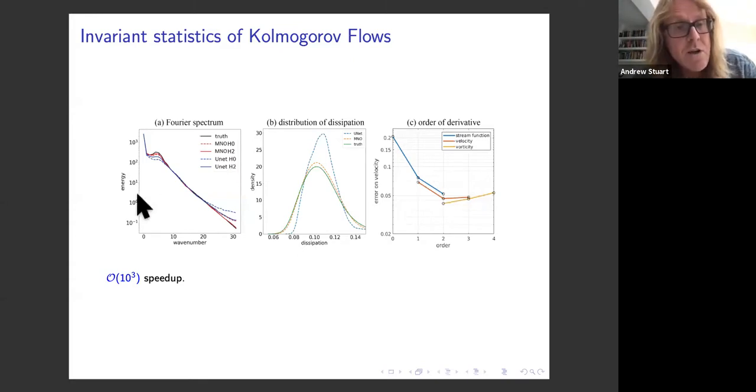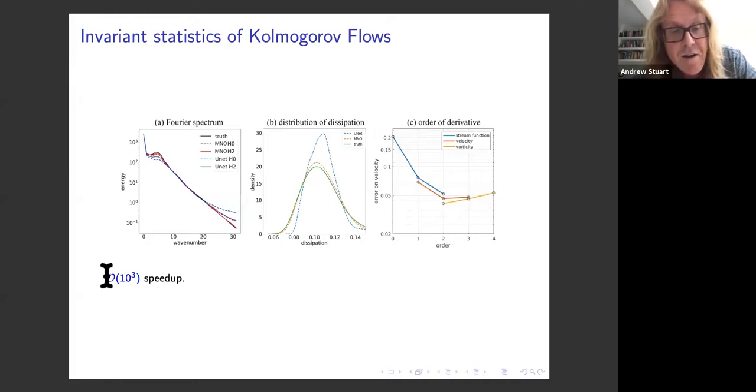The second point I want to make is that we're obtaining speed up by many orders of magnitude, here 3 orders of magnitude. That means that if you, for example, and we have tested this, solve Bayesian inverse problems based on the forward solution of the Navier-Stokes equation as part of the parameter to data map, we can solve problems that would be intractable if you had to use the numerical solution of the PDE, because we replace the forward map by the neural operator and use the orders of magnitude speed up.